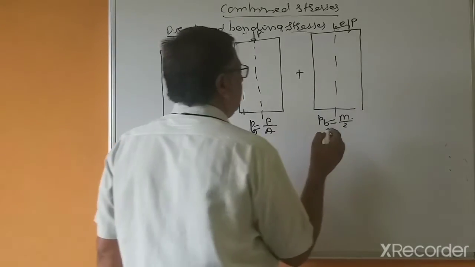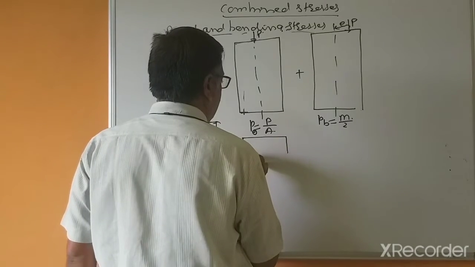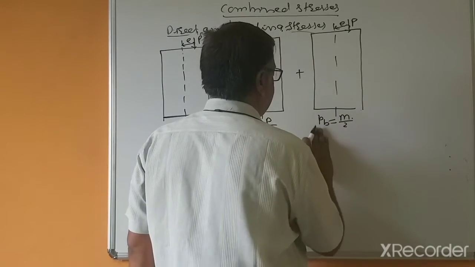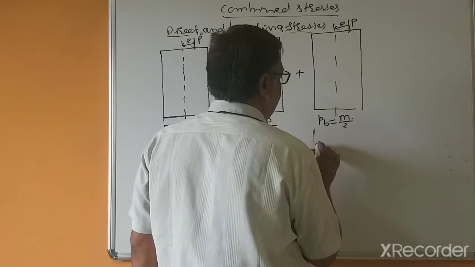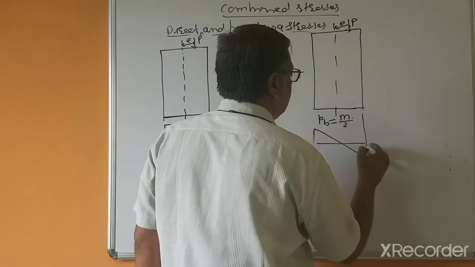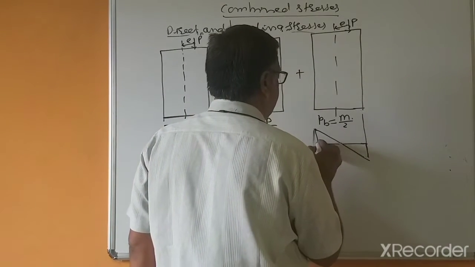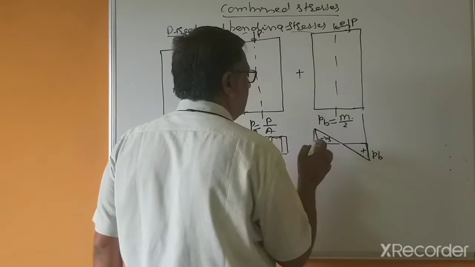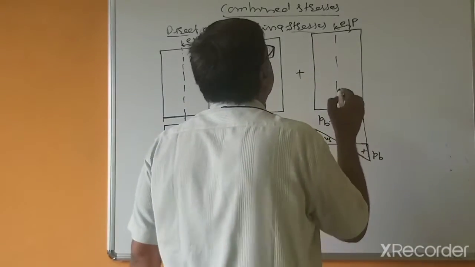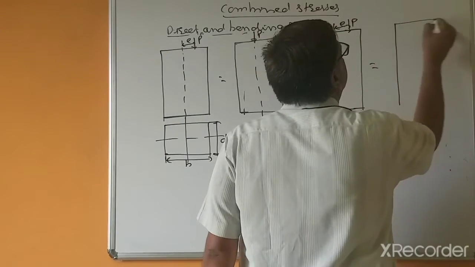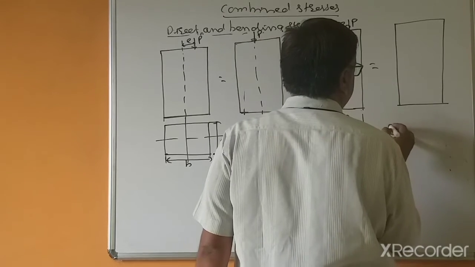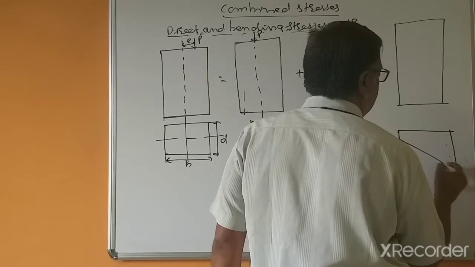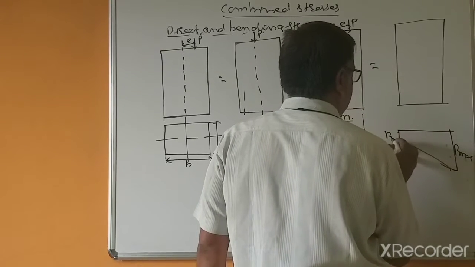So in this case the stress is induced, likewise this is plus pb and this is negative pb, and this is the resultant. Because of this, we get P maximum and P minimum.